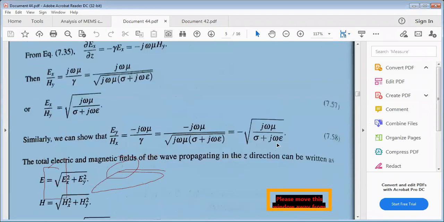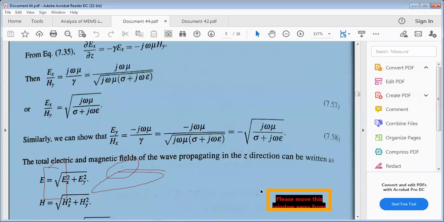Another way is also there: Ex by Hy equals j omega mu by square root of j omega mu into sigma plus j omega epsilon. Similarly, Ey by Hx equals minus j omega mu by gamma, equal to minus j omega mu by square root of j omega mu into sigma plus j omega epsilon, equal to minus square root of j omega mu by sigma plus j omega epsilon. This is the relation between Ey and Hx.